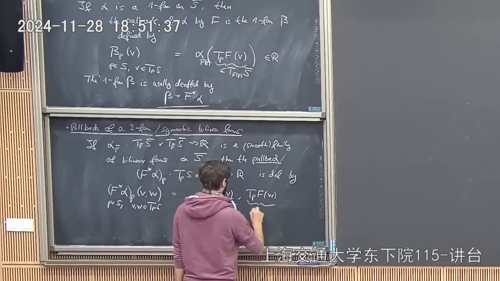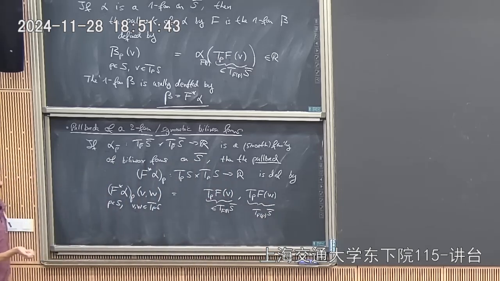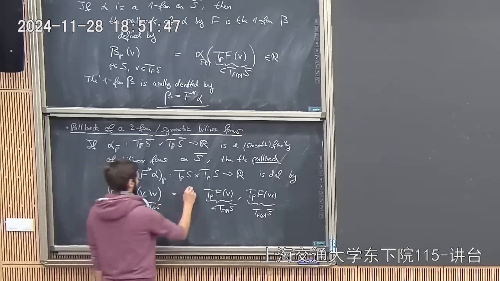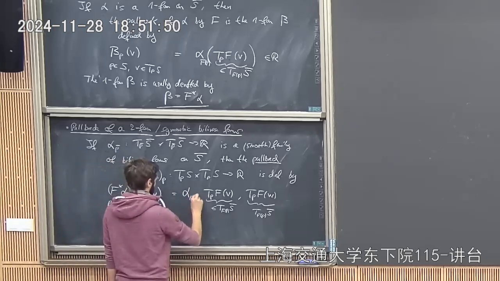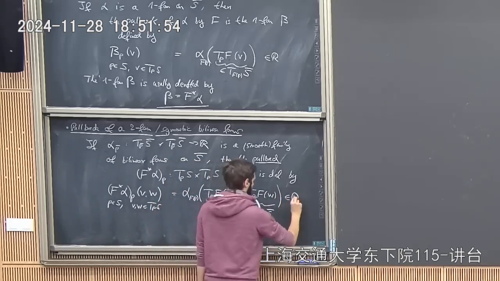Both of them. So if you have two tangent vectors on the target, then we can plug them into alpha at the correct point. And that gives us, again, a number.